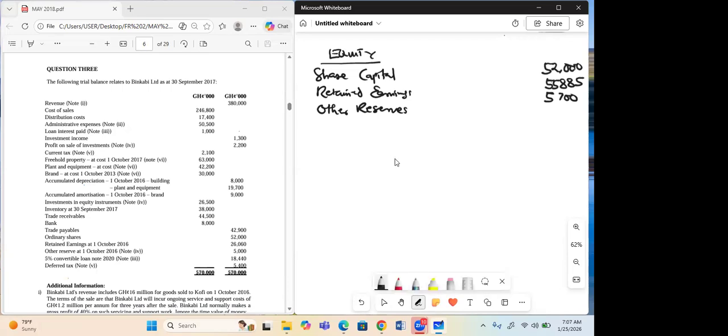So non-current liability. Yes, non-current liabilities. The deferred tax.